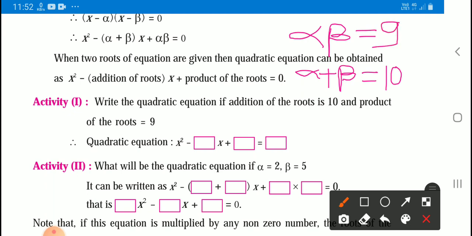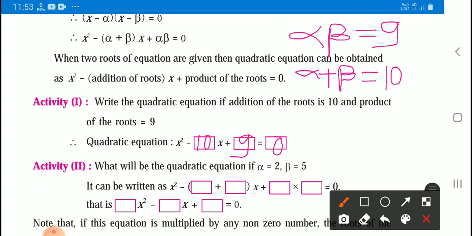Okay, so our quadratic equation is x square minus (alpha plus beta) into x plus alpha beta is equal to 0. So here the quadratic equation will be x square minus 10x plus 9 is equal to 0.